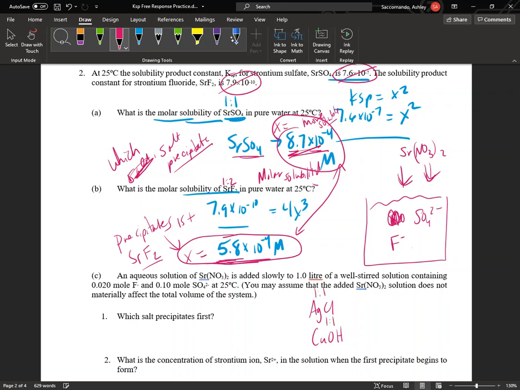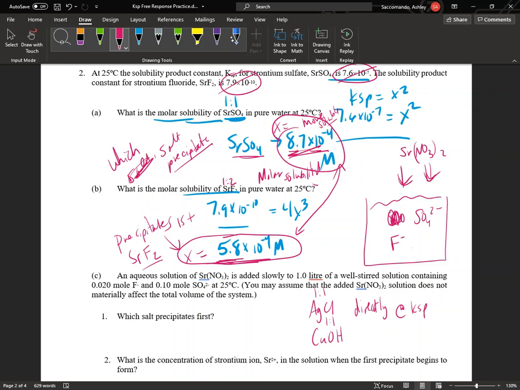If they're both 1:1, I can directly look at the KSPs, and the one that has the smaller KSP would precipitate first. So if the ratios are the same for the ions, you can look at the KSPs. If they're not the same, you need to do molar solubility. Compare molar solubility, so the one with the lower molar solubility is the one that would precipitate first.